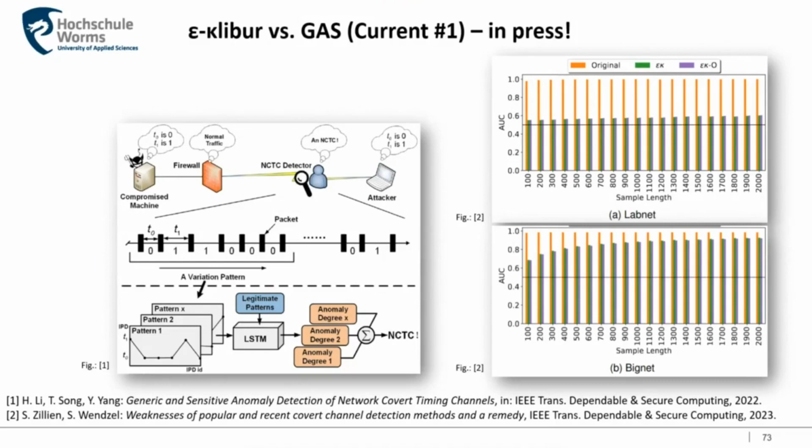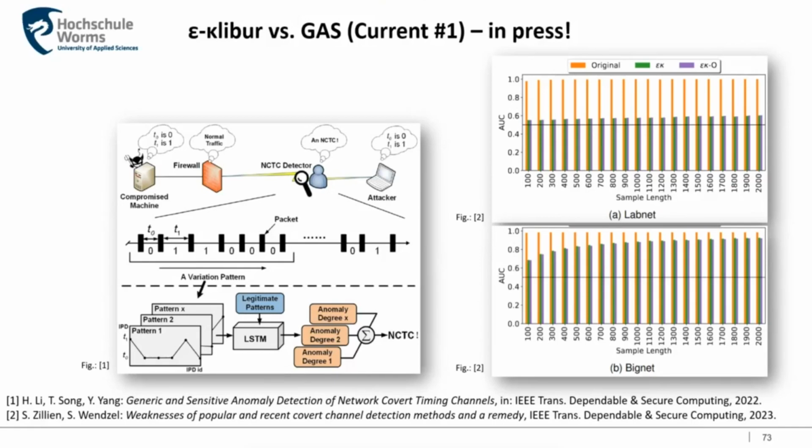And it turns out that the original covert channel traffic recordings are the orange ones, and they detected everything with almost 1.0 area under curve. And we used their code that's on GitHub to implement our epsilon Kapalibor there. And epsilon Kapalibor cannot be well detected by them.